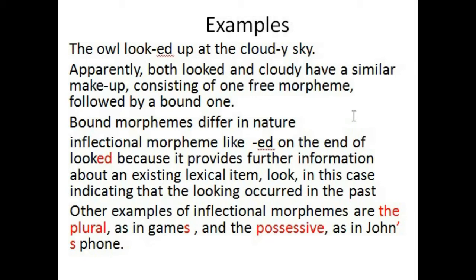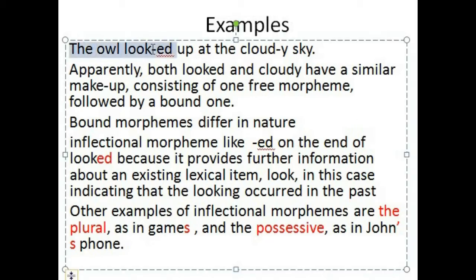Okay, look at this example and consider it. The owl looked up at the cloudy sky. Apparently, both looked and cloudy have a similar makeup. These two words have common characteristics: looked, and then cloudy.